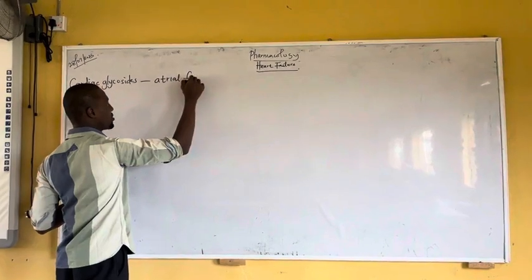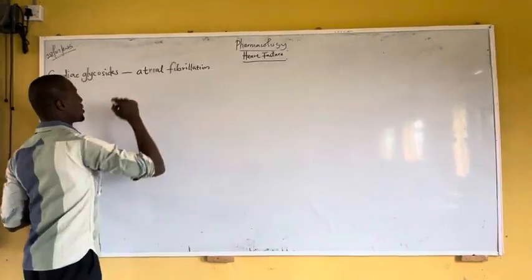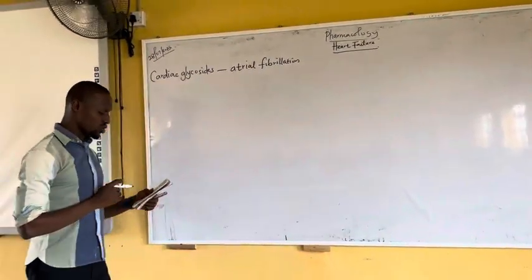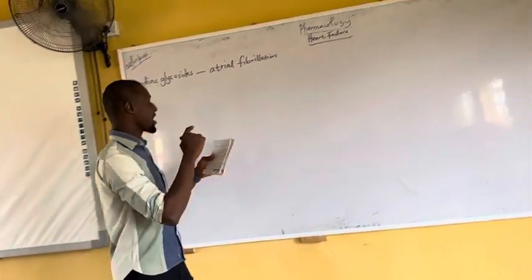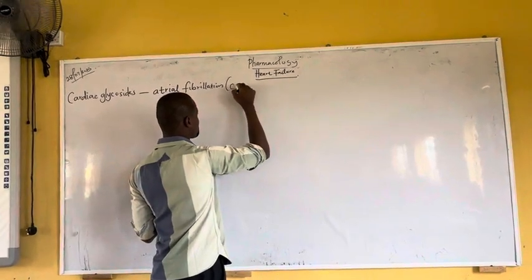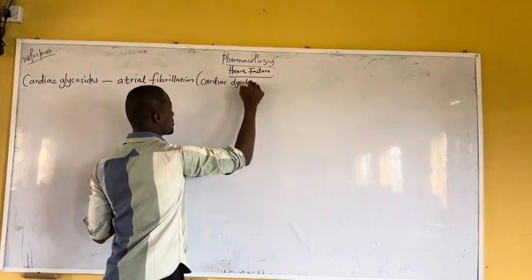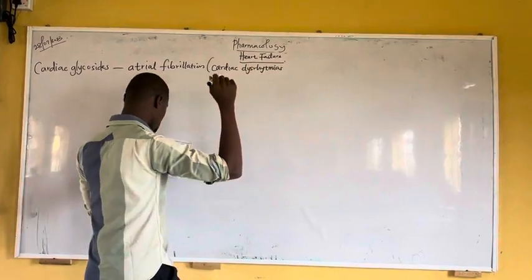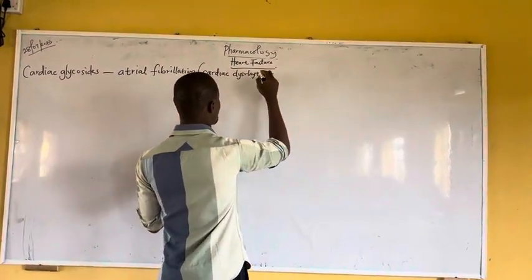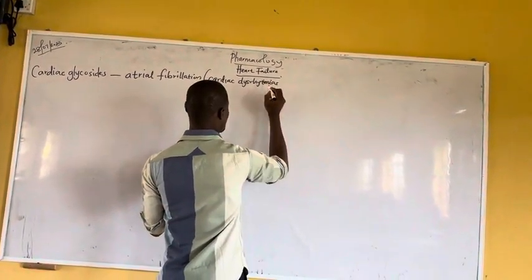Atrial fibrillation. Cardiac glycosides are also used to correct atrial fibrillation, that is, cardiac dysrhythmias. I missed an H there. Sorry, an H there.